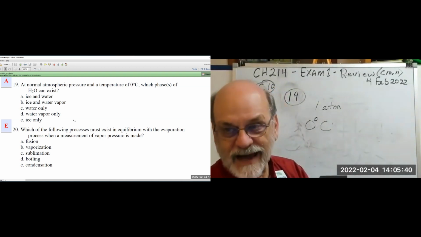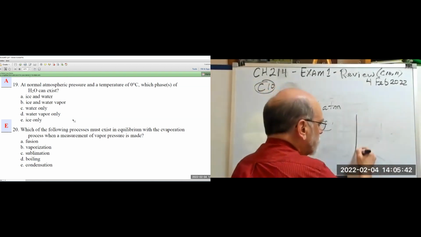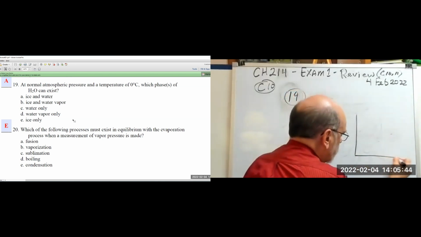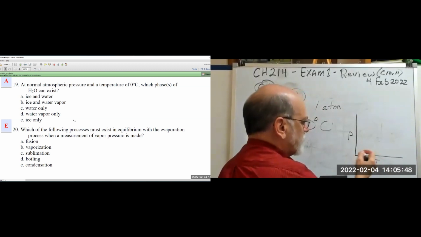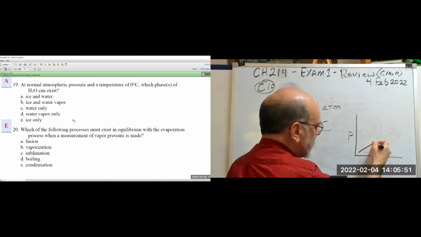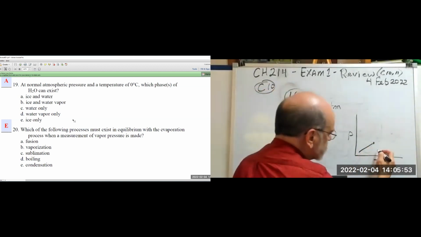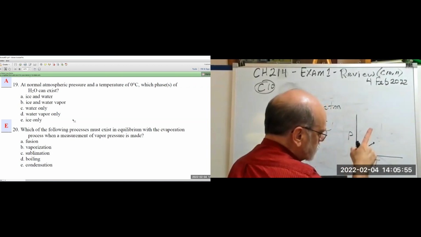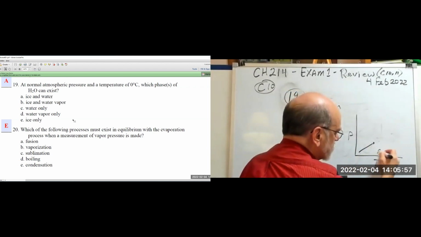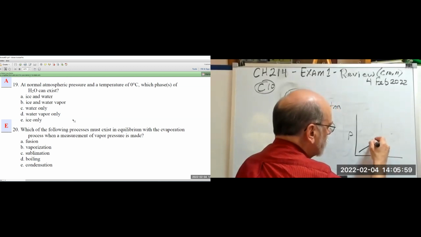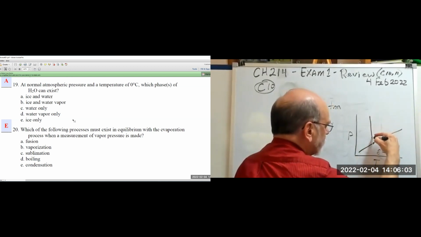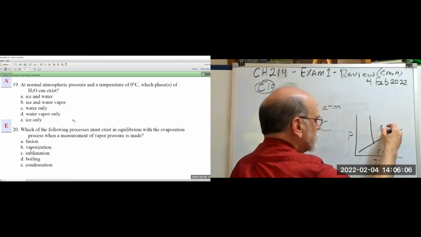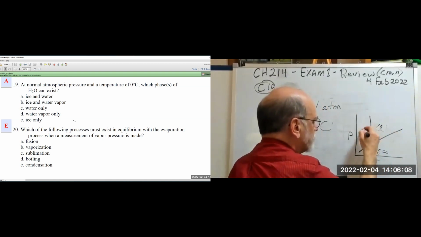If we look at the phase diagram for water, pressure, temperature. All right, so if we go here to that point, this is gas. This is liquid, and this is solid.